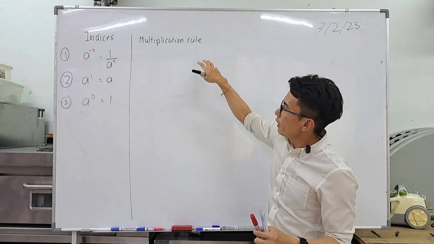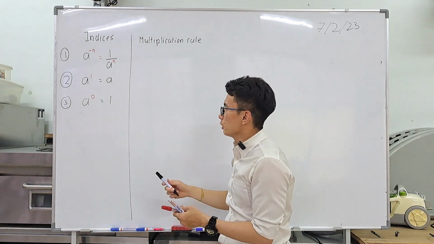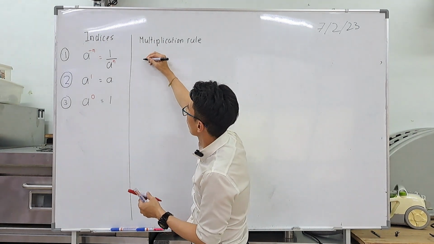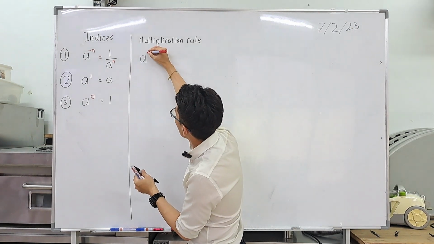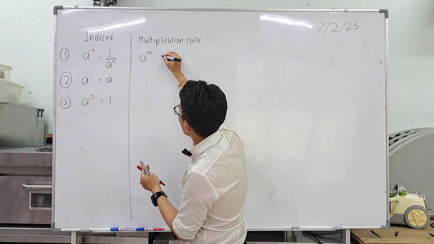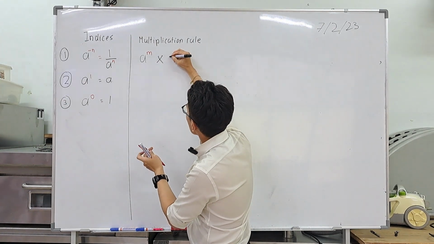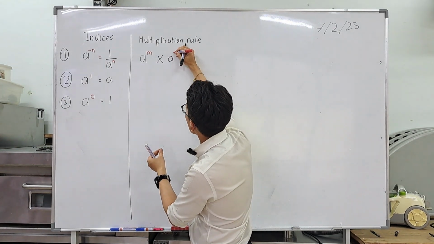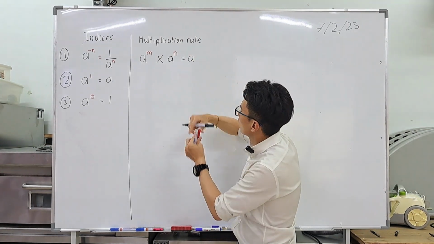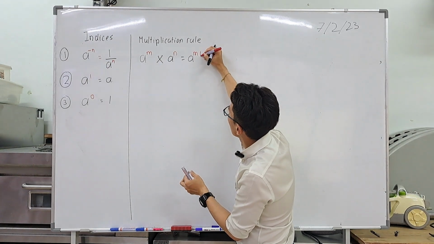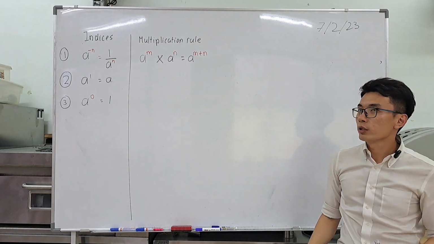Now let's see how this rule applies. It is written this way: a to the power of m, multiplied by a to the power of n, is equivalent to a to the power of m plus n. That is how we write the multiplication rule for indexes.